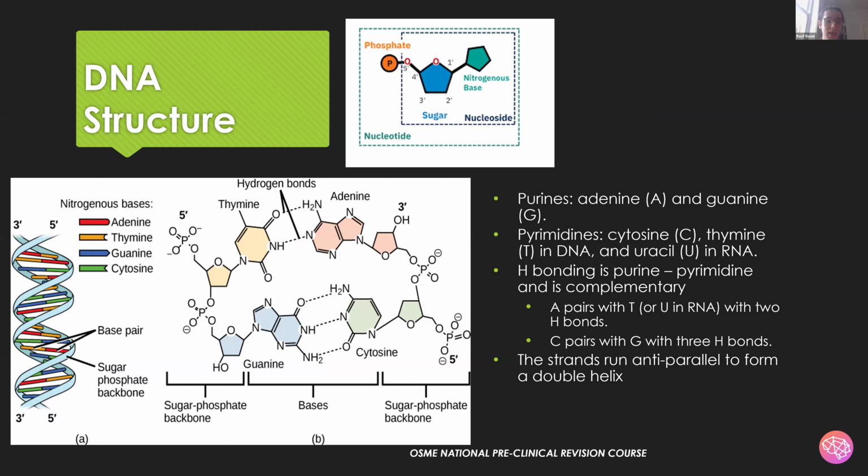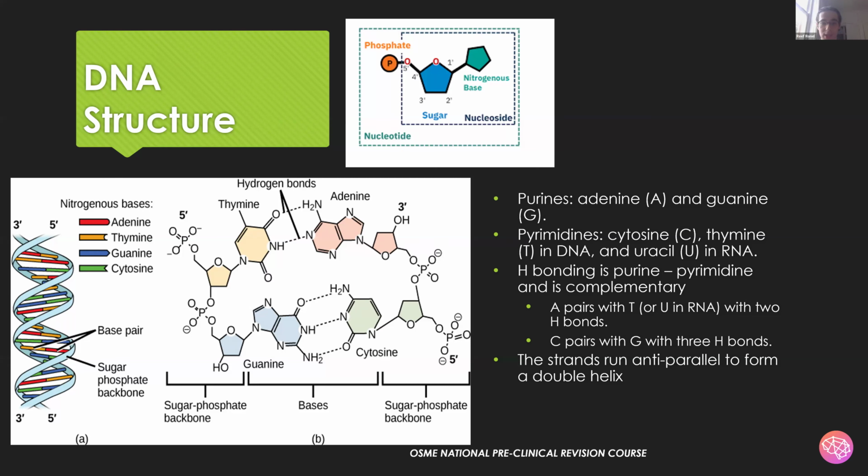Now, DNA exhibits polarity, so we always think about it from 5' to 3'. This refers to the free carbon atom of the sugar at the end of the chain. The 5' end has a phosphate group on the C5 of the deoxyribose, and the 3' end has a hydroxyl group on the deoxyribose.